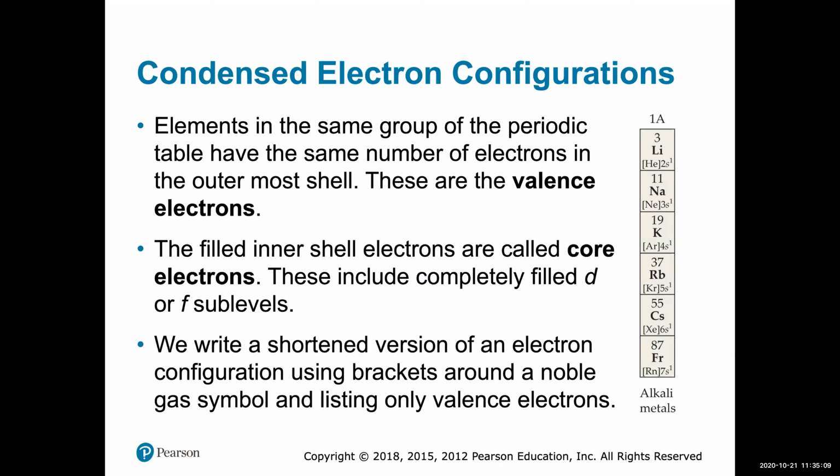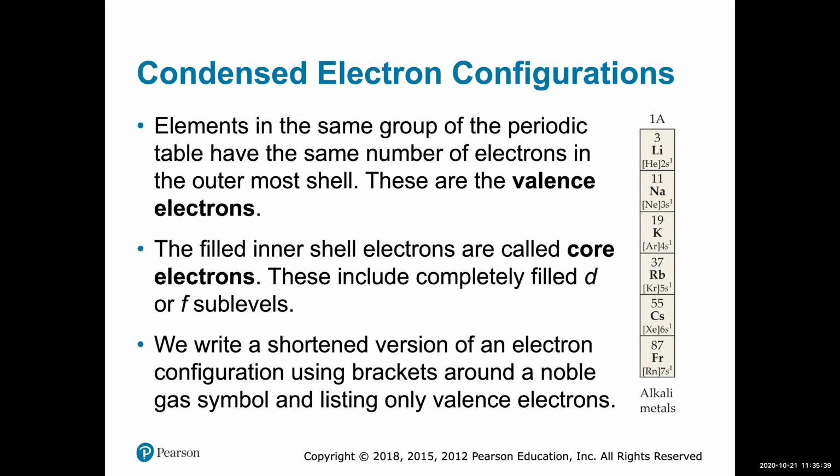The electrons in the outermost shell are called the valence electrons. The inner electrons, which we call the core electrons, will be the same, and it's just those valence electrons that are different.